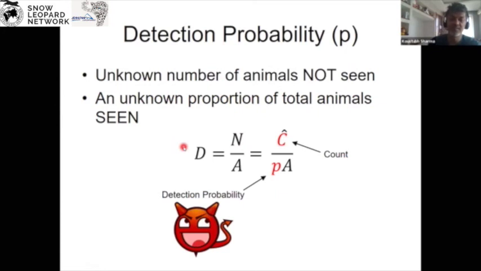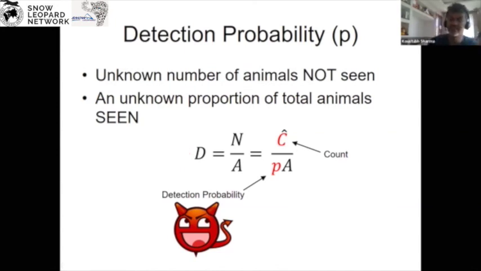The problem is we don't always know what P is. It's an unknown, and one has to use some modeling procedures to come up with means to estimate it. Again, we are grateful to all the statisticians who've done wonderful work to come up with various extremely valuable and effective means to do this. But this little devil is what we are going to be talking about in the next 3 sessions.